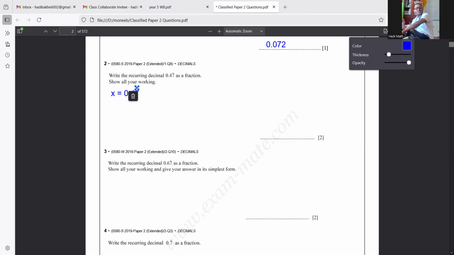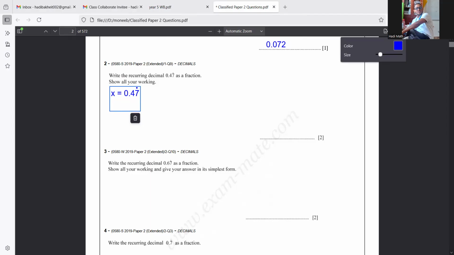Step number 2, look at your number now. Is the first digit after the decimal point part of the recurring? If yes, you will move to the next step. If no, you will make it so first. Here, the first digit after the decimal point is not part of the recurring. 4 is not part of the recurring; the recurring is 7.